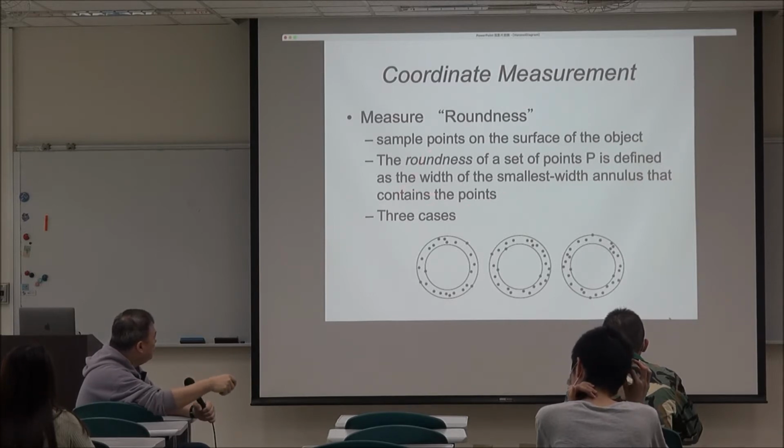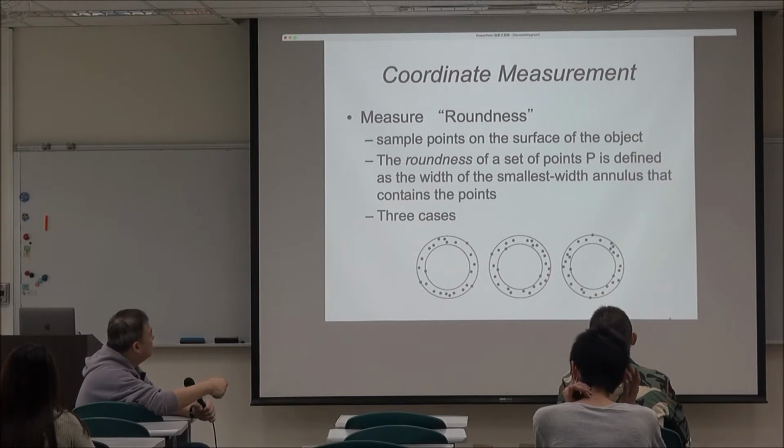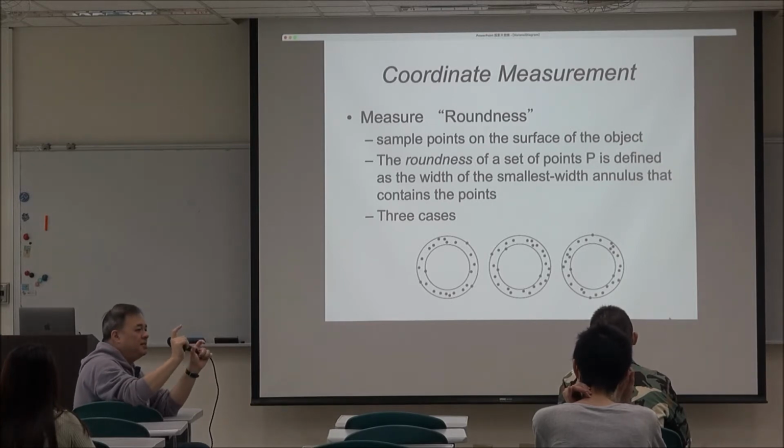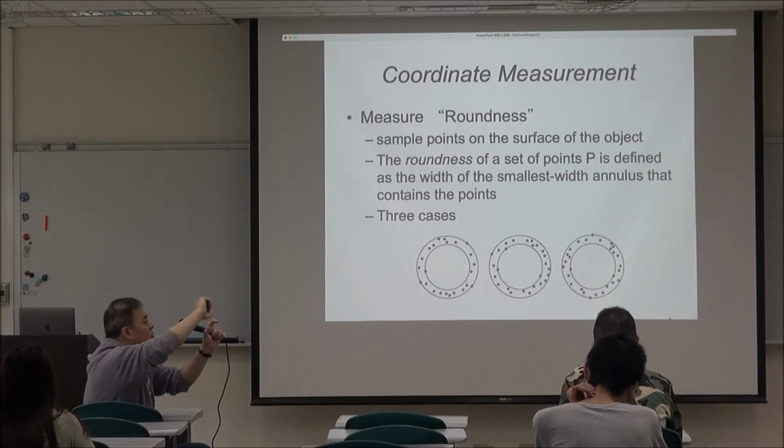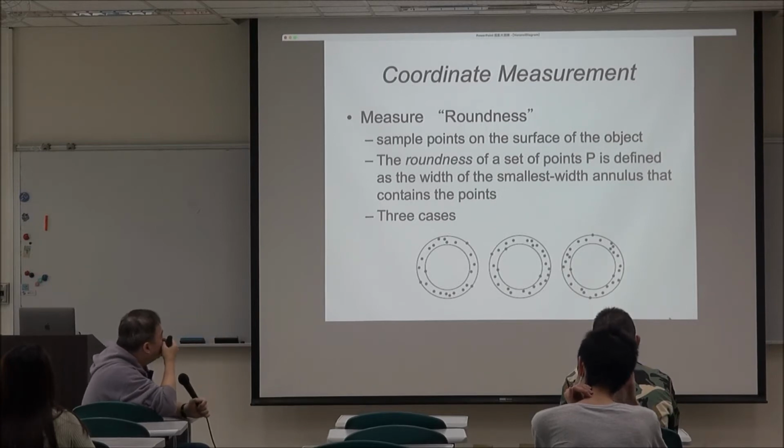So if this ring is built very well, it's very round and very thin, it should be very thin across the whole region. Then this distance, the annulus, you know annulus? Do you know this term?